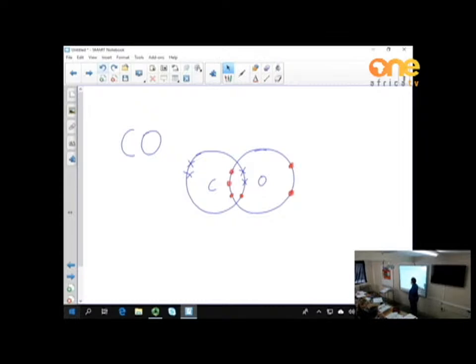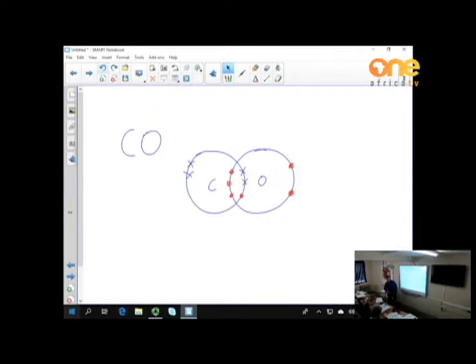Once that bond is formed, you can't distinguish it from the others. But that's to explain the formation of carbon monoxide. It's a coordinate bond, yes, it's also a bonding pair, a coordinate bond in the carbon monoxide molecule.